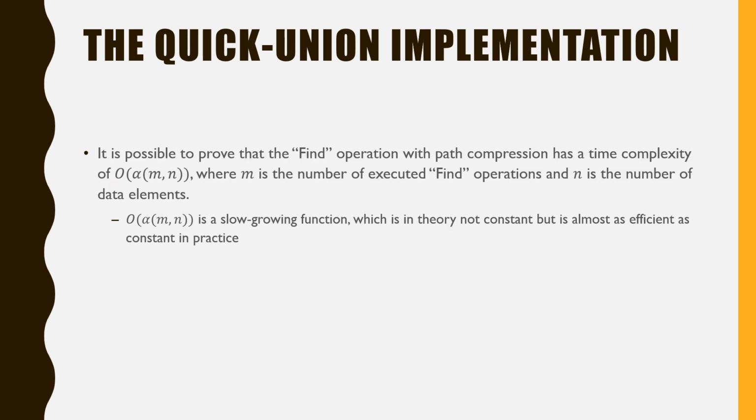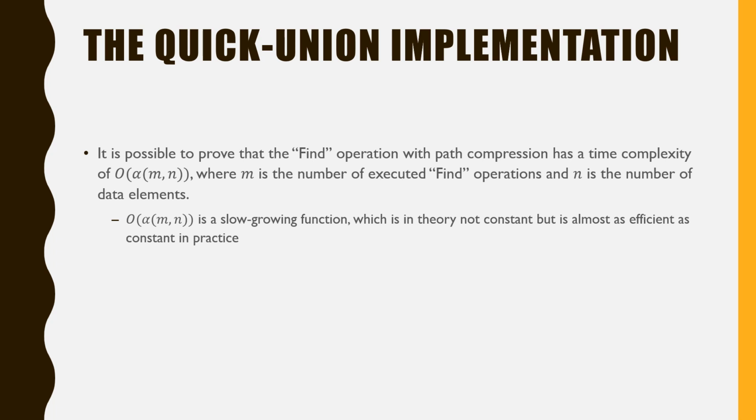It can be proven that with path compression, the find operation can run in O(alpha(m, n)) time. Here, m represents the number of executed find operations, and n is the total number of elements in the disjoint sets.